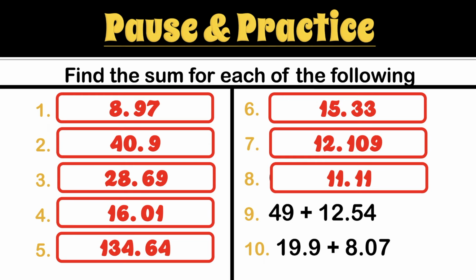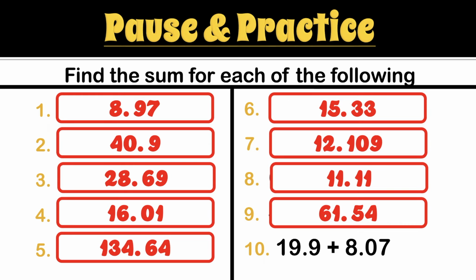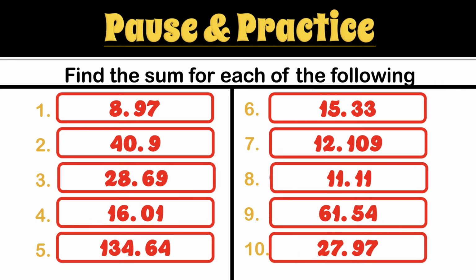Number 9, 61.54, properly read as 61 and 54 hundredths. And number 10, 27.97, properly read as 27 and 97 hundredths.